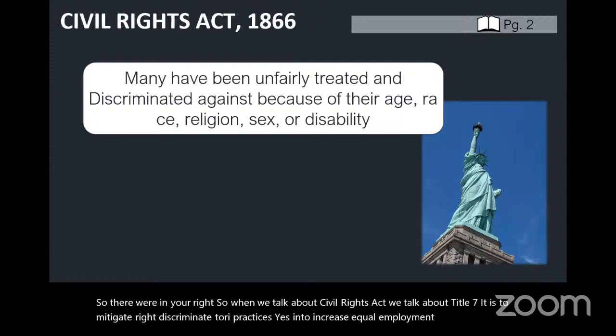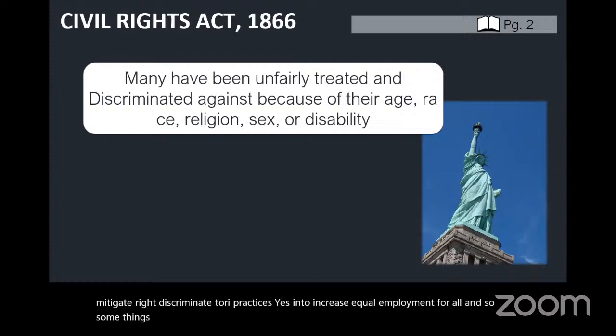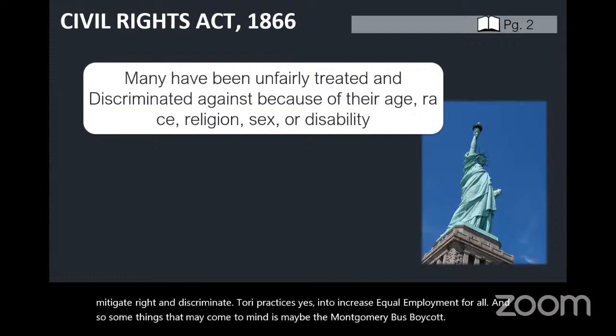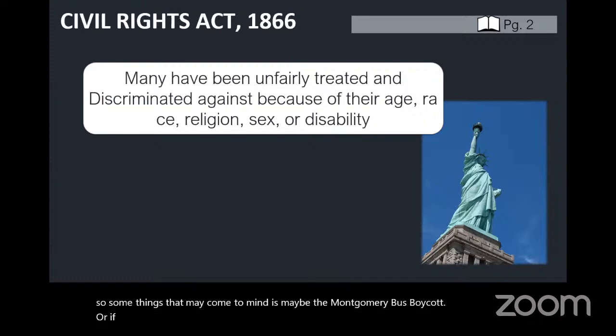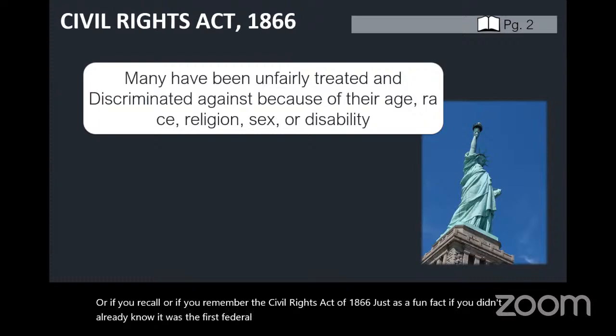Some things that may come to mind are maybe the Montgomery bus boycott. Or if you remember the Civil Rights Act of 1866, just as a fun fact, it was the first federal law to affirm that all U.S. citizens are equally protected under the law.